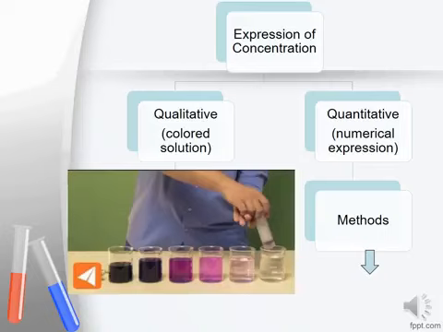Look at the paler beaker on the right side. This is the most diluted. Most diluted means it has the least amount of solute, but the one on the most left side has the most amount of solute. And the middle one has a moderate amount of solute in relation to solvent.